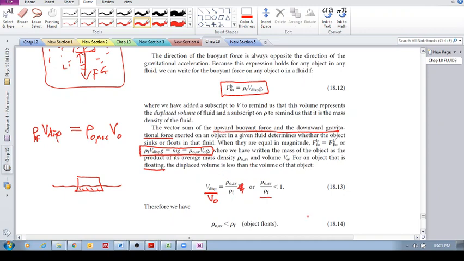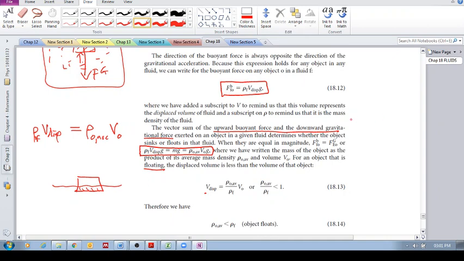There's another case that they don't mention here, which I want to bring to your attention. If you recall, earlier in section 18.2, we said that so long as the upward buoyancy force equals the downward gravitational force, then the object can float.